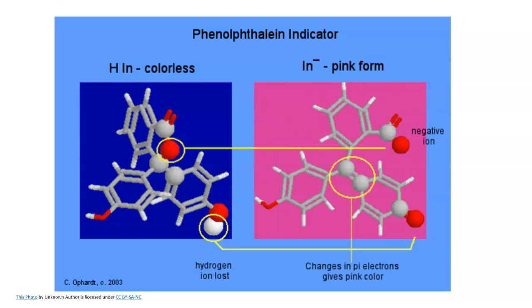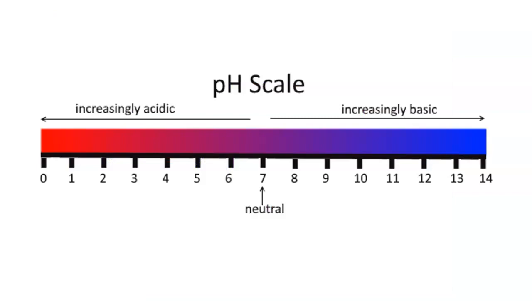Phenolphthalein indicator is going to be in pink form. And so this is kind of what we're working with on the pH scale. These indicators change color between pH 5 and pH 9 because the complete neutralization of most acids and bases generally occurs within that pH range.